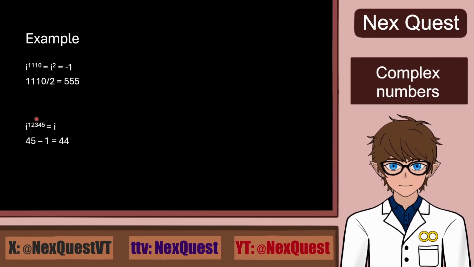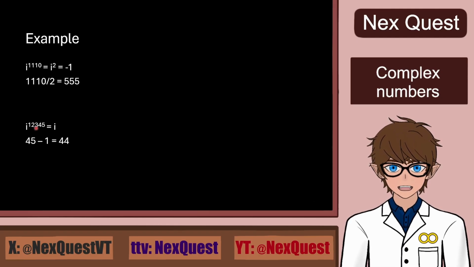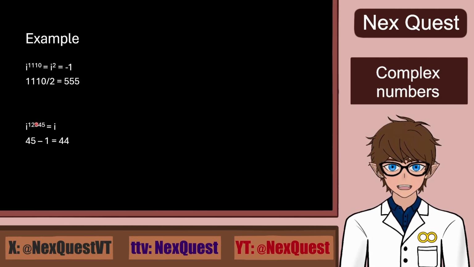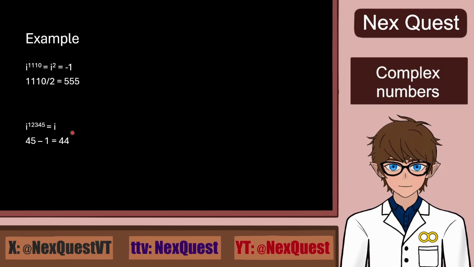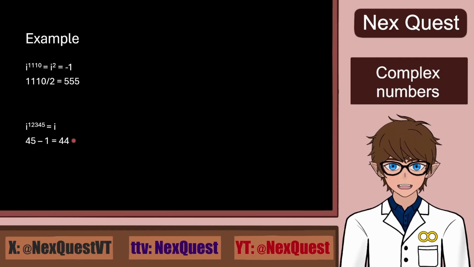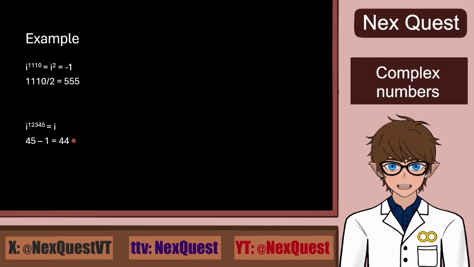Then we take away 200 because it's 4 times 50, and we have 145. Then we take away 120, and we're left with 25. Then we take away 20 to have 5, and then we take away 4 to have 1. This is slightly slower unless you're very versed with multiples of 4. But yes, either take the long way or the short way, whichever one you feel most confident in.